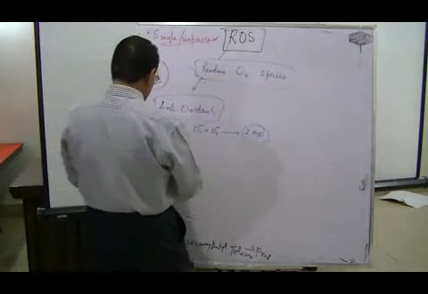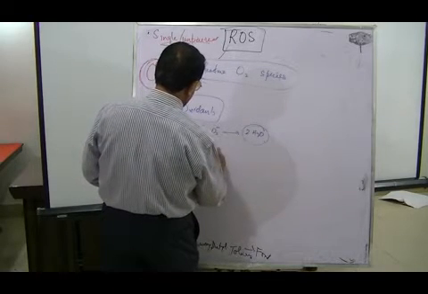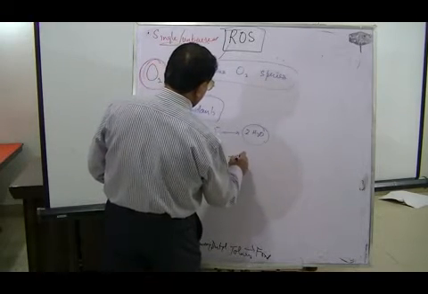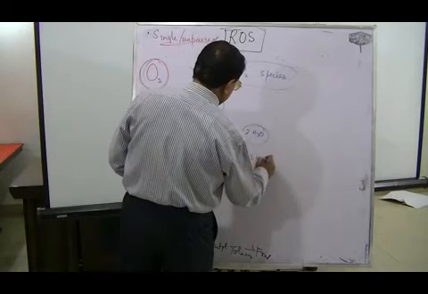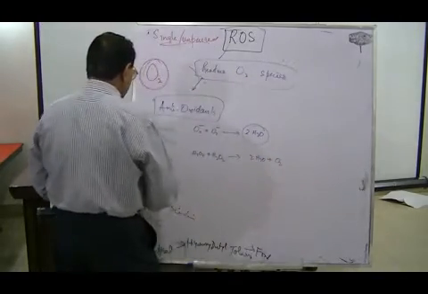Catalase acts upon 2 molecules of H2O2 and converts them into 2 molecules of water plus oxygen. So the free radicals are gone.